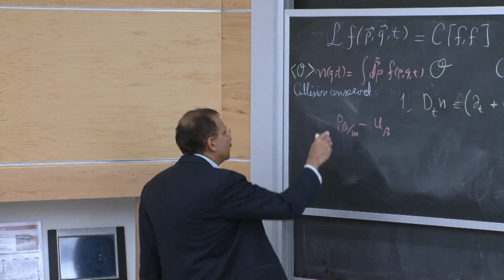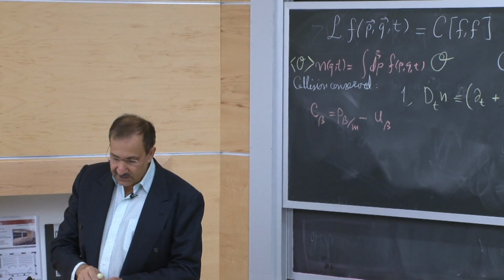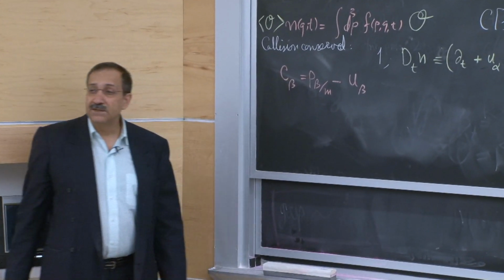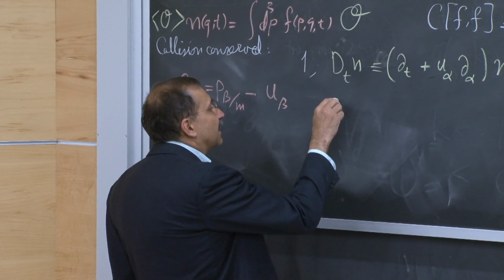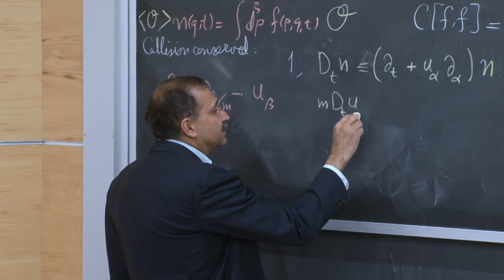And this quantity we also called C. And when we looked at the equation that corresponded to the conservation of this quantity in collisions, we found that we had something like mass times acceleration along the streamline.